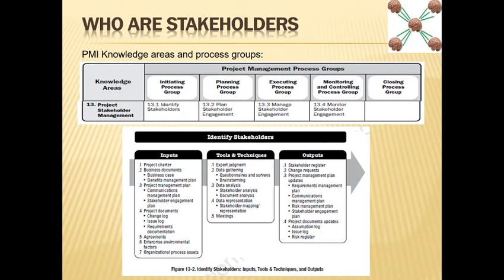So that is why identification of all the stakeholders and getting these three things, very simply put, with them: what he thinks about the project, what he thinks about the deliverables of the project, and what he thinks about the success criteria of the project.